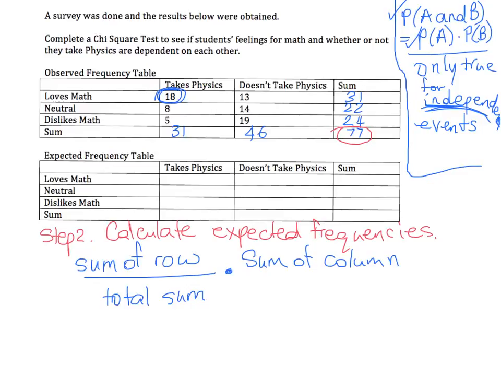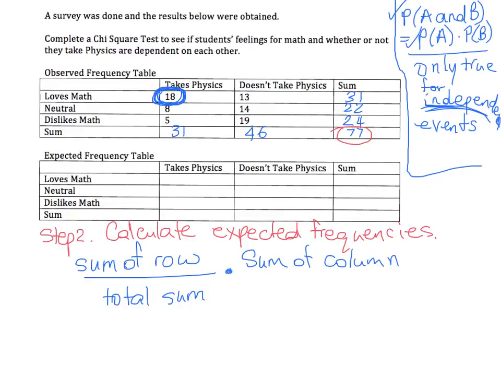Okay, great. Now that we have our sums, we can start to calculate our expected frequencies. Let's fill in the first one. We have 18 as our observed frequency. That's the actual observed number of students who take physics and love math.